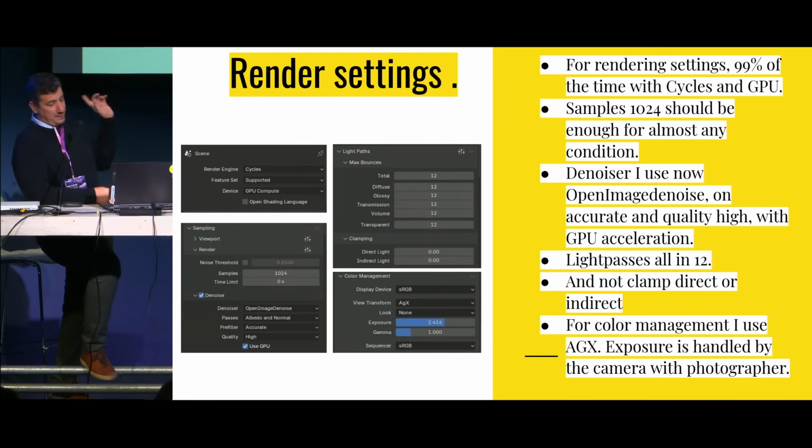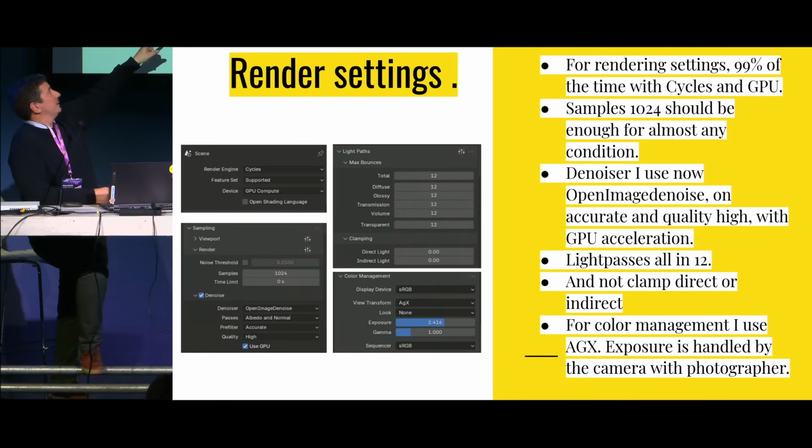Usually we go for the final image with 1,000 samples. That should always be enough. If the image is still noisy, it's because something is weird with the materiality, or some light is making problems. And then we set 12 for all the bounce parameters to not have any problem with transparent or volume things.